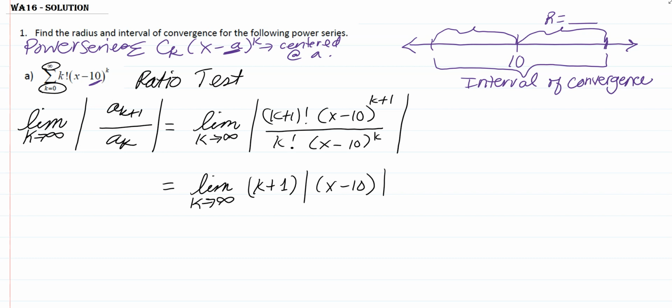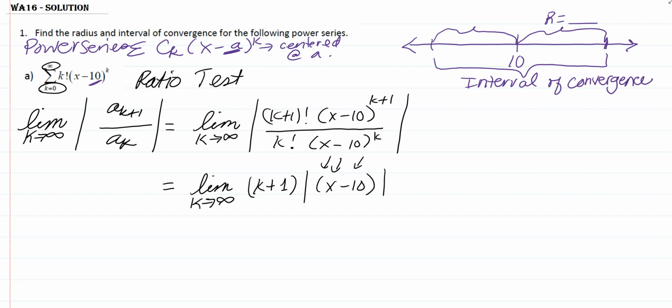Okay, so this is what we mean by the limit depending on the x value. That's why we are looking for the radius of convergence, meaning what x values away from 10 can we use in order for this series to still converge.